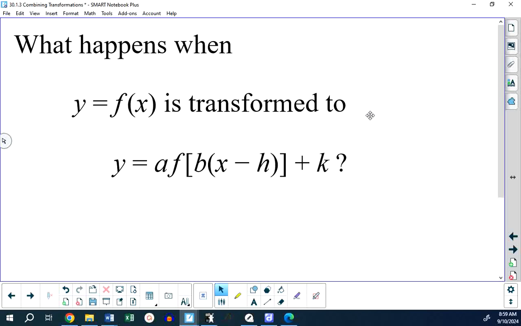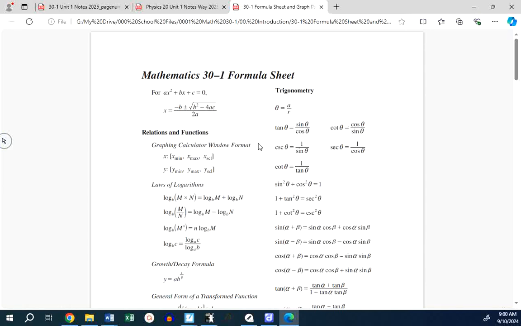I believe I've handed out a formula sheet. Okay. So if we take a minute and look at your formula sheet, this is on here, and I call this the transformations template. On the left-hand side, you're given the quadratic formula in case you need to use it, and you will at times. You're given the standard format for window settings.